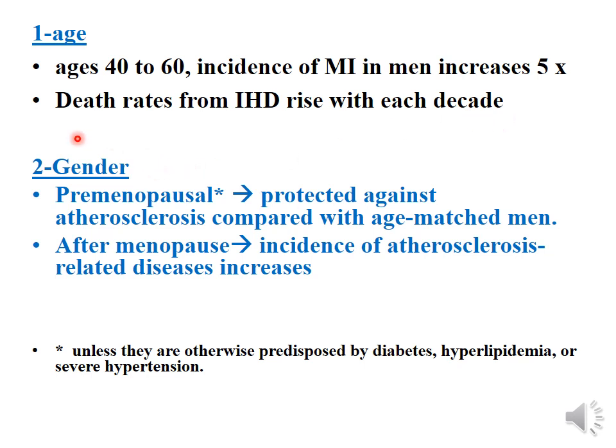The second non-modifiable risk factor is gender. It was found that premenopausal women, if they do not have other associated risk factors like hypertension, hyperlipidemia, or diabetes mellitus, are relatively protected against atherosclerosis when compared with age-matched men. However, following menopause, the incidence of atherosclerosis and related diseases will increase in women.